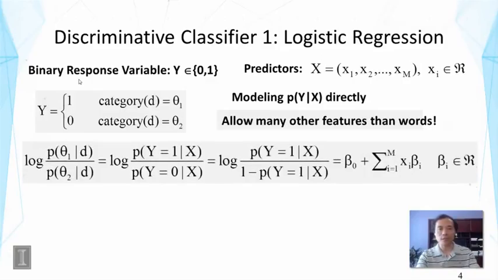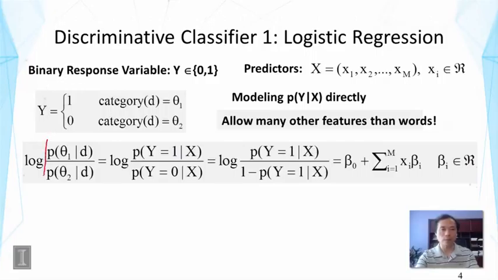So more specifically, in logistic regression, the assumed functional form of y depending on x is the following. And this is very closely related to the log odds that I introduced in the naive Bayes, or log of probability ratio of the two categories that you have seen on the previous slide.